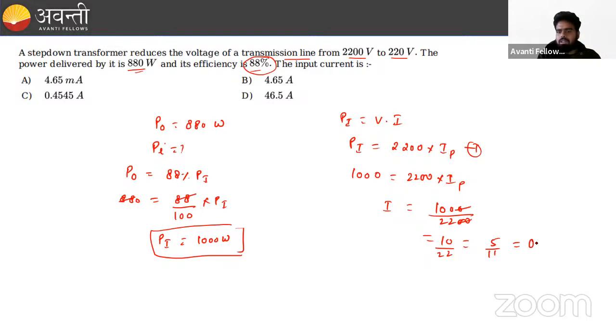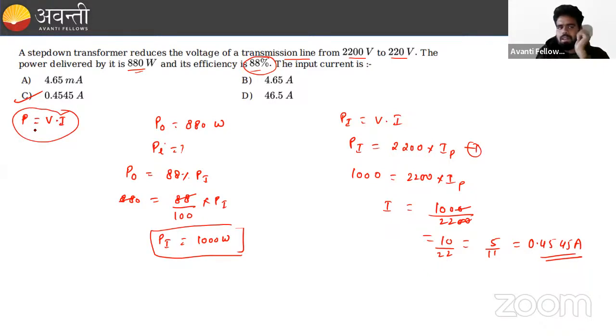If you solve this, it becomes 0.4545 ampere. So option C is the right one. I hope this is clear. That is a very, very important problem, governed by the simple formula power equals V into I.